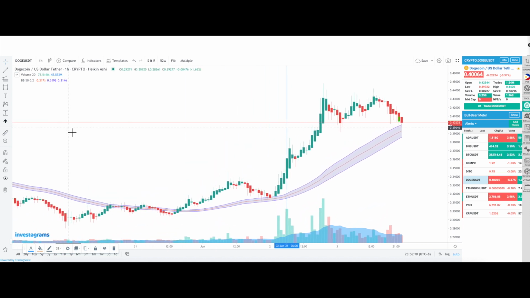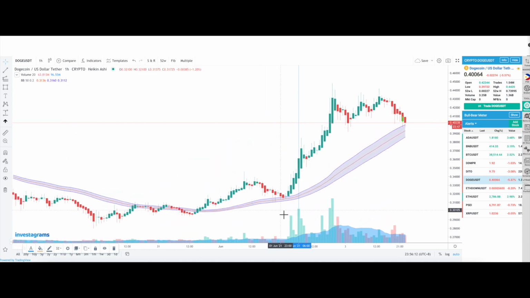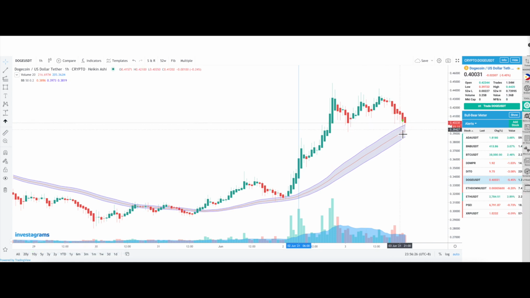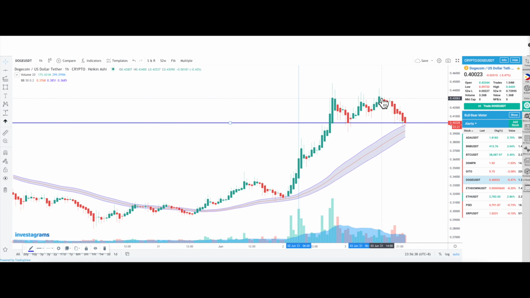From here you will notice that the candle did bounce in this particular area, which is 0.31. It bounced, then went even higher and registered a higher high candle, until it tried to bounce again in this particular area, which is 0.40220. It bounced here, then went up high again, registering high candles, and now it's going downward.